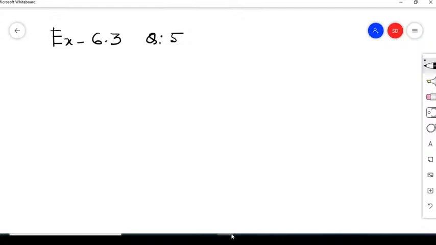So you have been given a fraction 15 by 35 and you have to convert it to a fraction which has a 7 in the denominator. Okay, now you have to see how you will get 7 from 35. So you have to do something over here so that the denominator becomes 7.